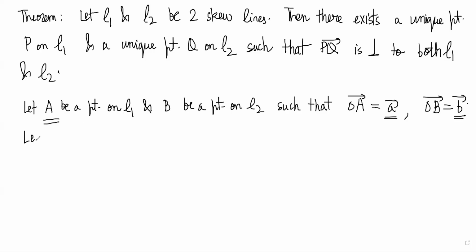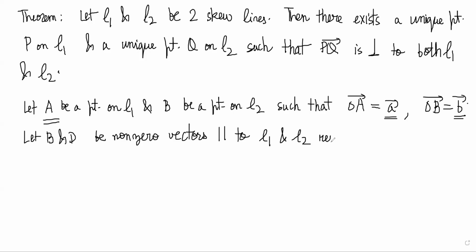Now let small c vector and small d vector be non-zero vectors parallel to L1 and L2 respectively, because we have to specify the lines' directions, right?